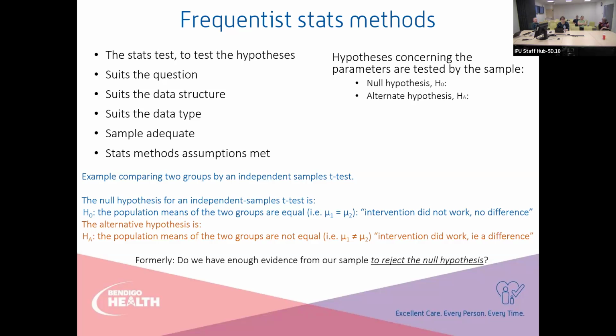If we are seeking an intervention that works, we would typically be seeking to reject the null hypothesis, that there actually is a difference, which is the alternate hypothesis. And we formally say we will reject the null hypothesis and accept the alternate hypothesis that our measures are actually significantly different. That's the typical mode of frequentist statistics.